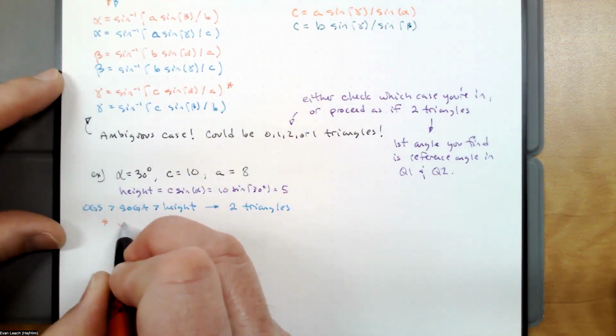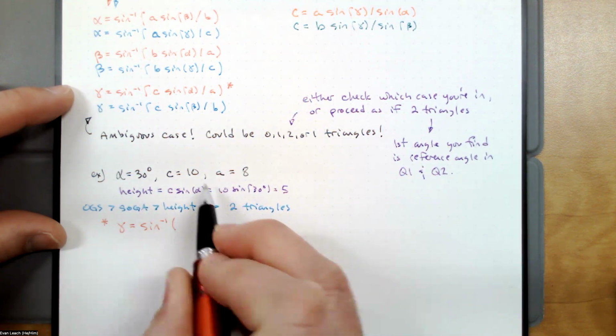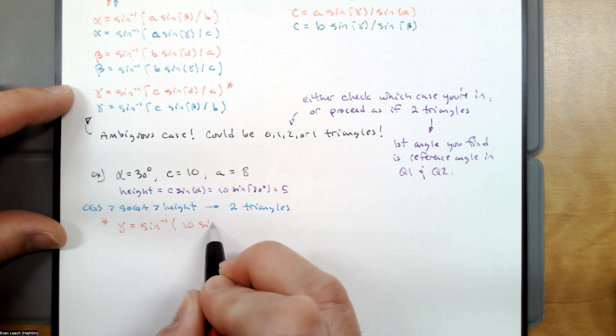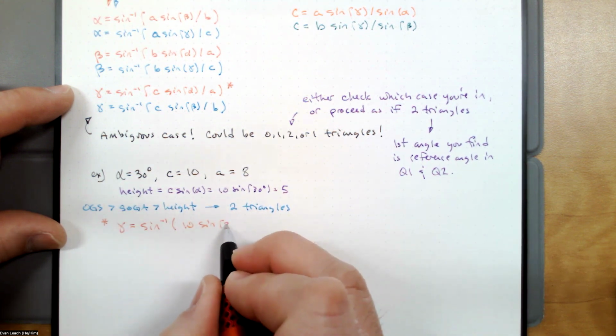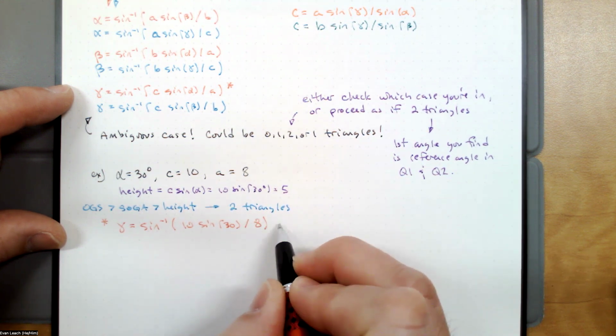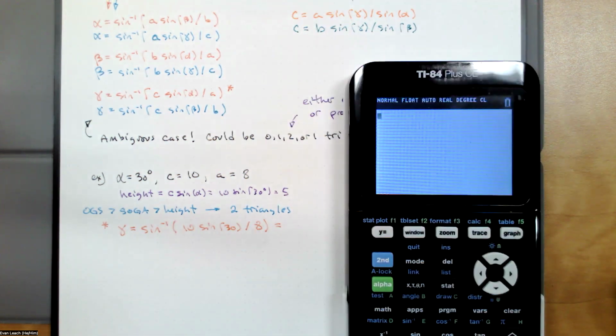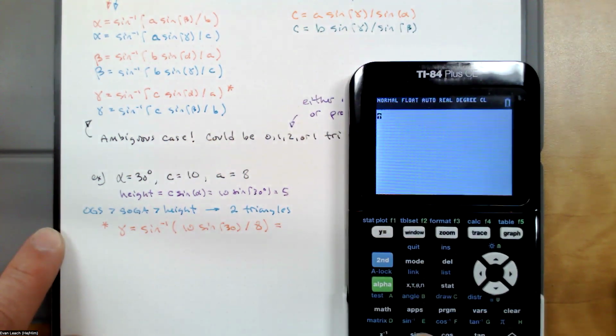So gamma is going to be sine inverse of C times the sine of alpha divided by A. Then we're going to grab our calculating machine. Even though the sine of 30 is a half, I give myself the easy one, and we'll just type it like we see it.